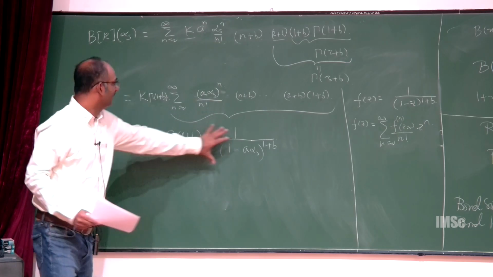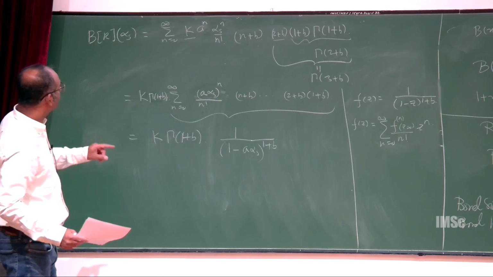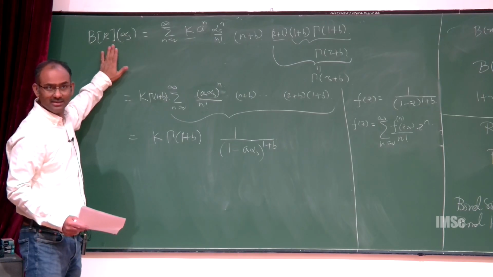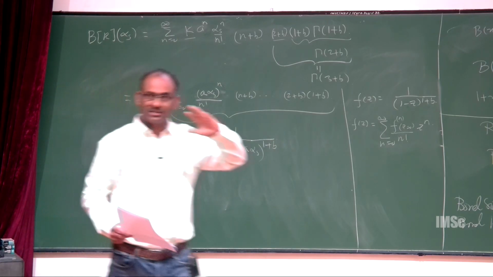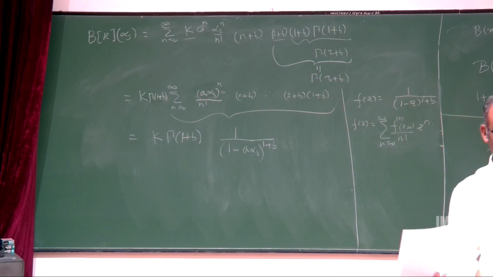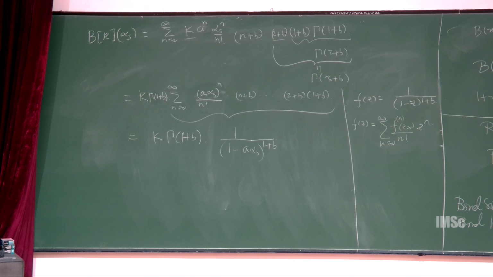So this is the sum, this is the Borel transform. Now to get the Borel sum, I should do the integral of the Borel transform with that exponentially damped factor, and that will give me the sum of the series, or the Borel sum of the series. Is that okay?